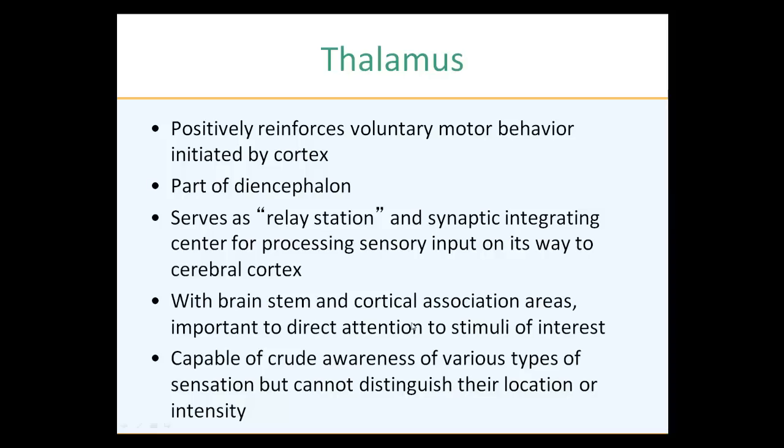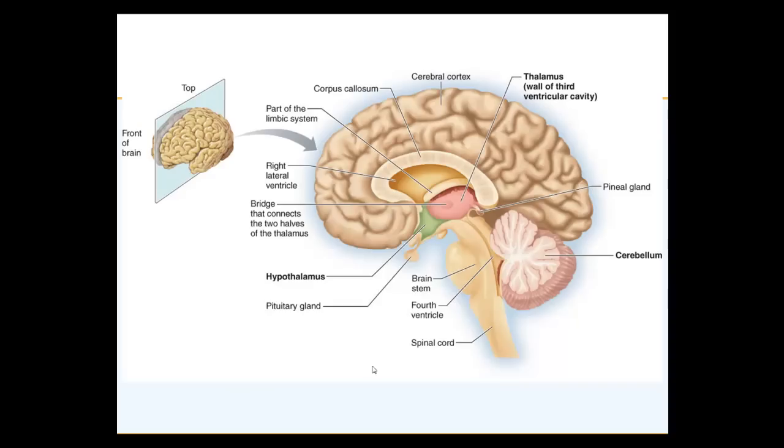So you can get some information, but you don't know what this information is, and that's what we mean by crude awareness of some sensations, but you can't distinguish either the location or the intensity of them. Where is it? The thalamus is over here, and then the hypothalamus is the area below it.